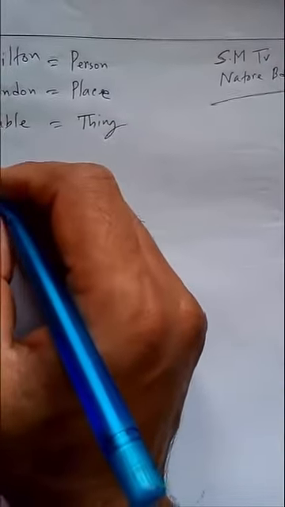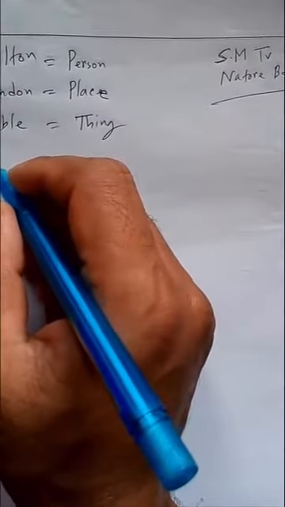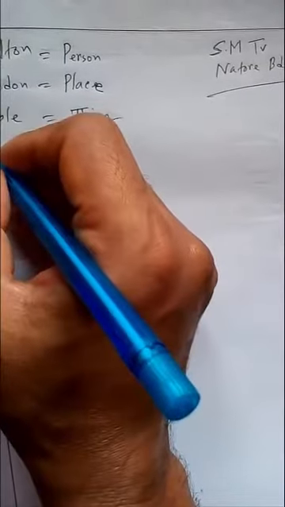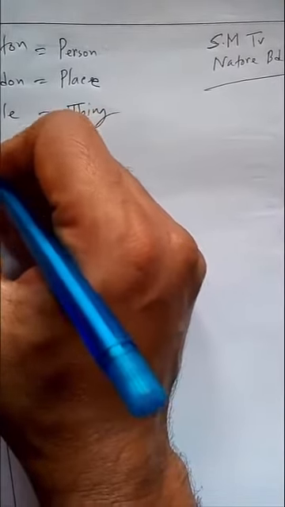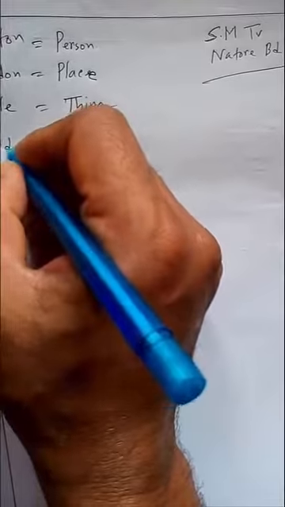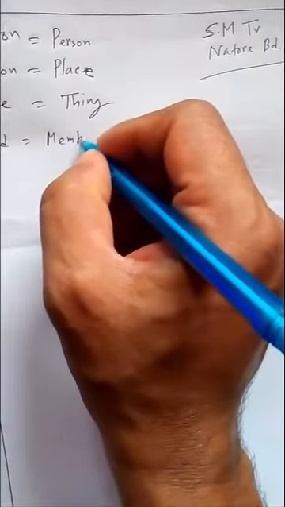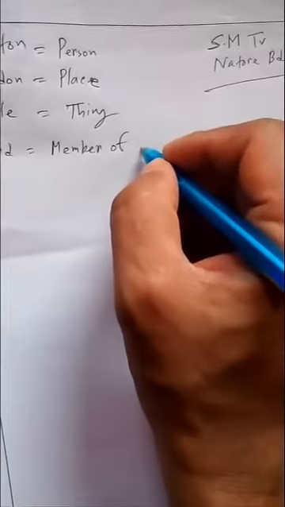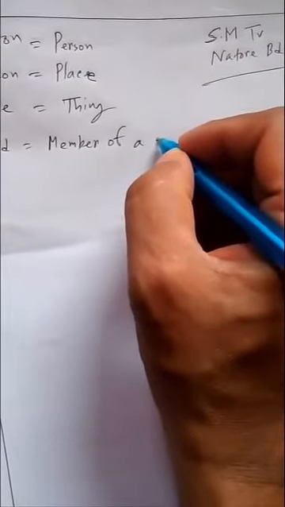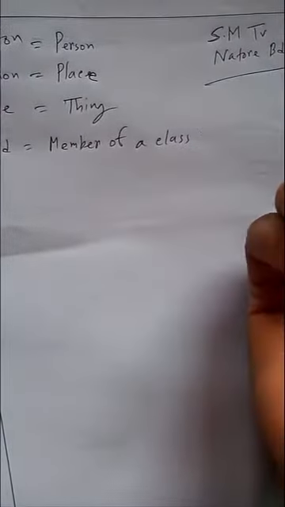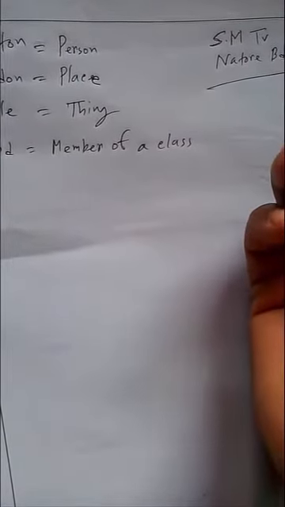And members of a class, for example, bird. This is a member of a class. It may be dog, doctor, engineer, etc.